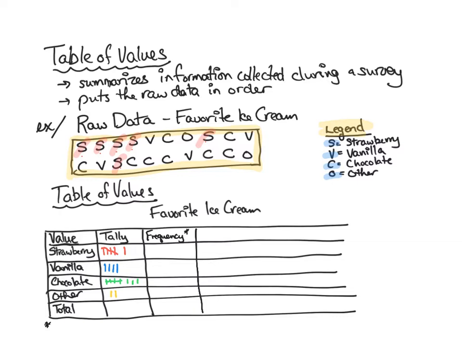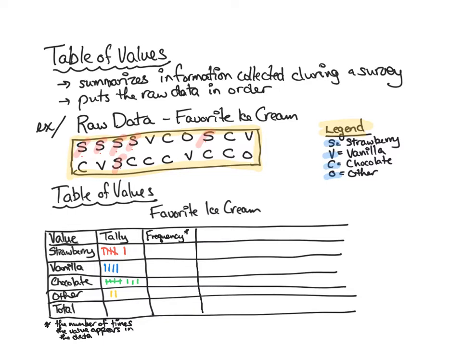The frequency is the number of times the value appears in the data. So basically, it's just the number that goes with the tally that we have in the tally chart.